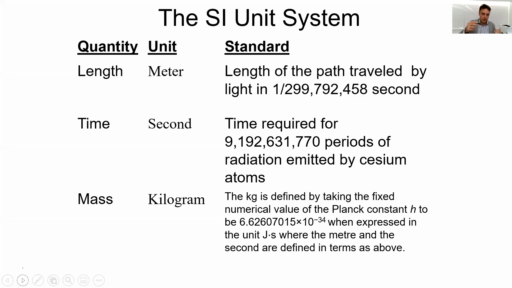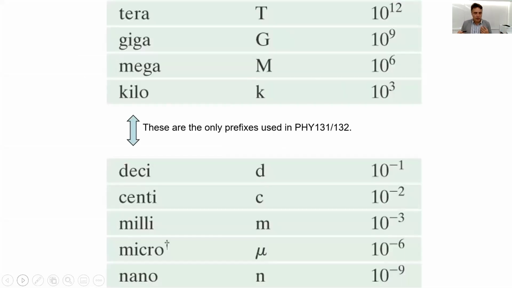The main thing is that meters, seconds, and kilograms are the SI units we'll be trying to use in a lot of our calculations in this course. Then there are prefixes which you can put before these basic units to represent big numbers. Tera is 10 to the 12, giga is 10 to the 9, mega is 10 to the 6, kilo is 10 to the 3.